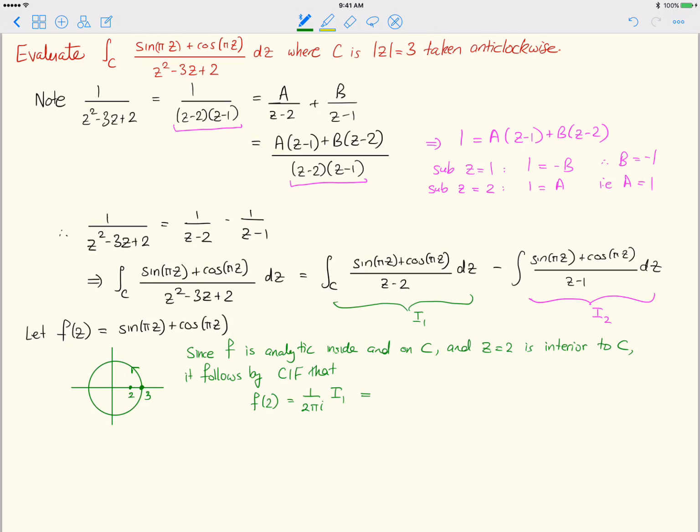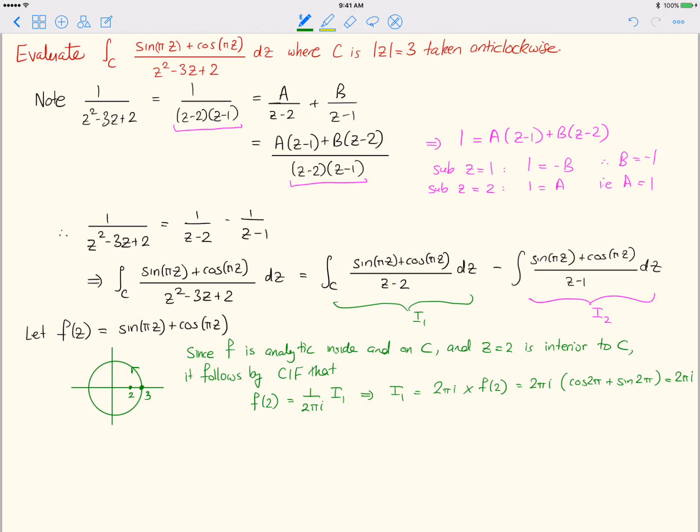So therefore I1 will equal 2 pi i times f of 2. That equals 2 pi i times sine 2 pi plus cos 2 pi, which is just going to equal 2 pi i times 1, which is 2 pi i. Right? So that's the value of I1.